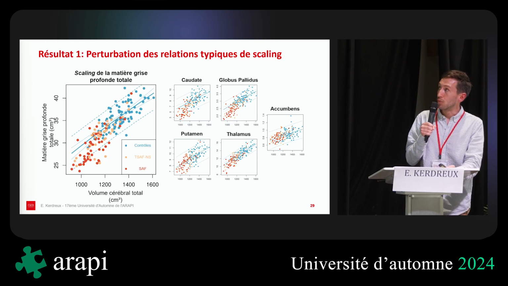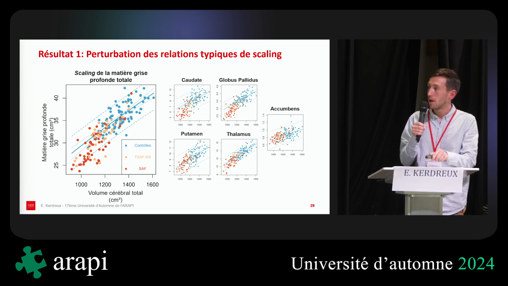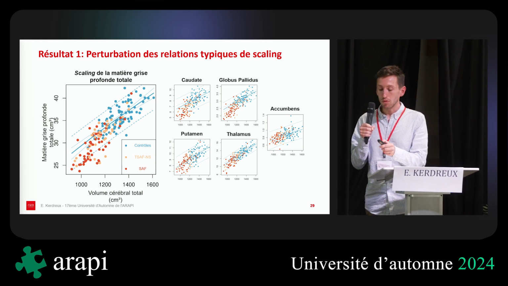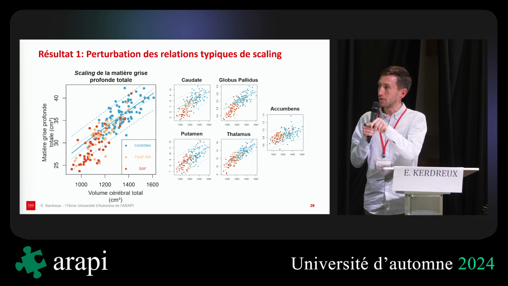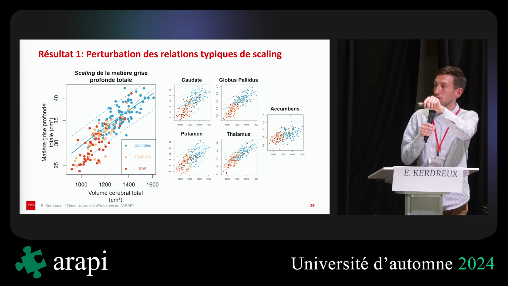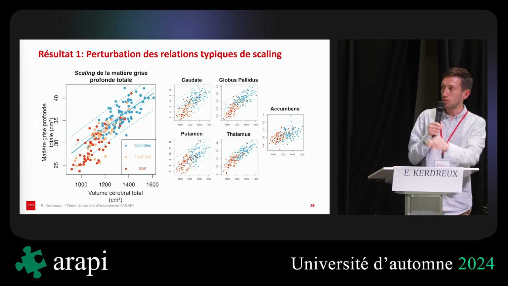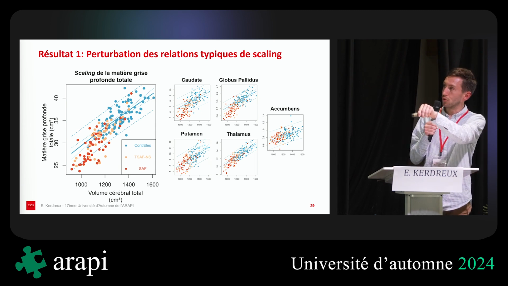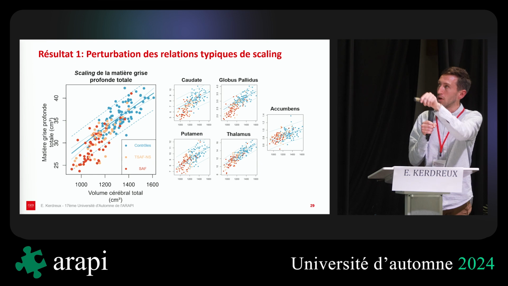Okay, now let's look at the results here. The scaling curve that I will show is the volume of the deep gray matter. So there is a disturbance of the typical relationship.